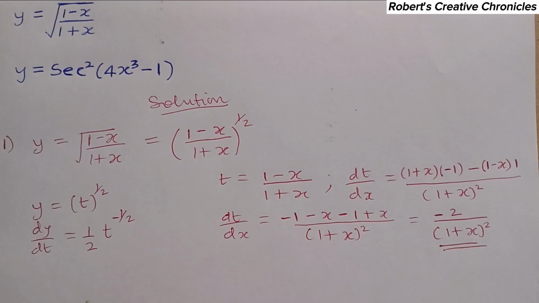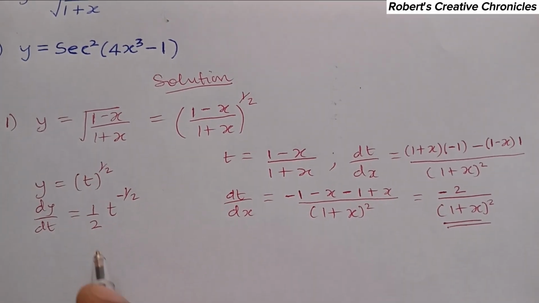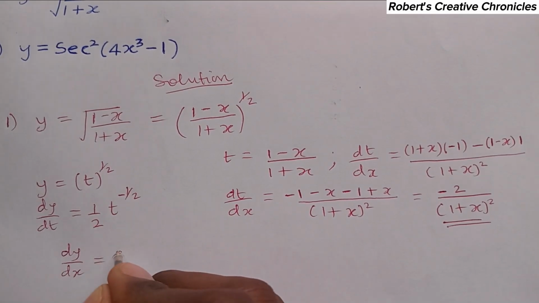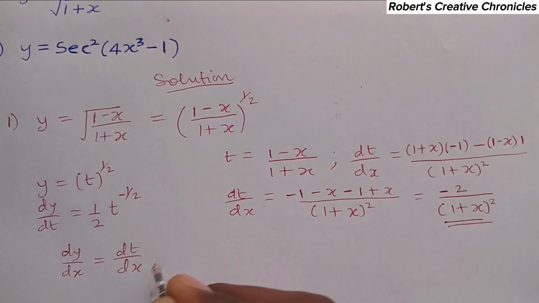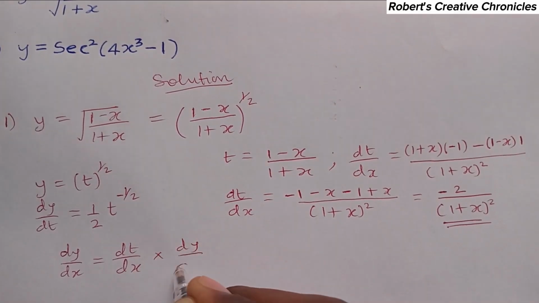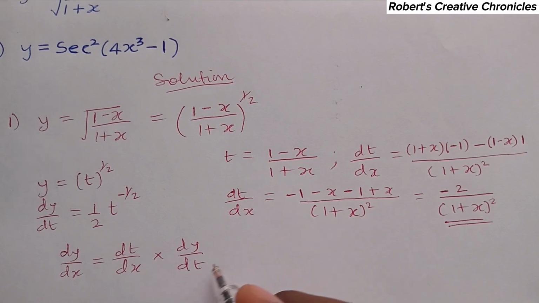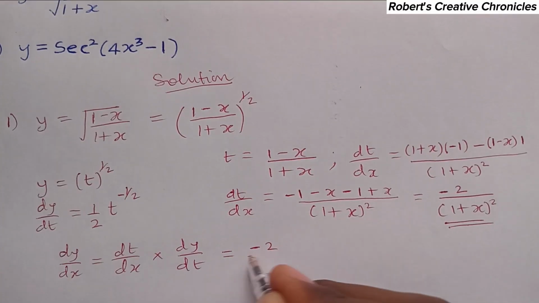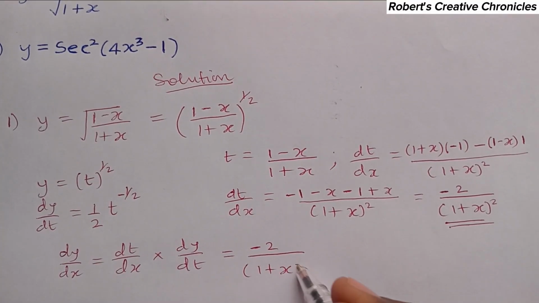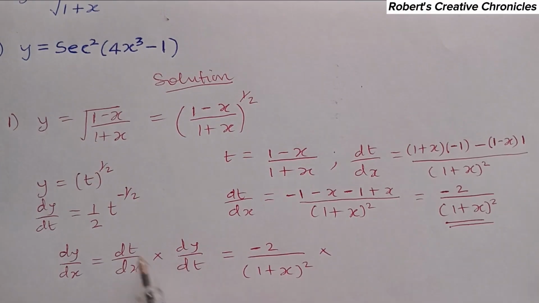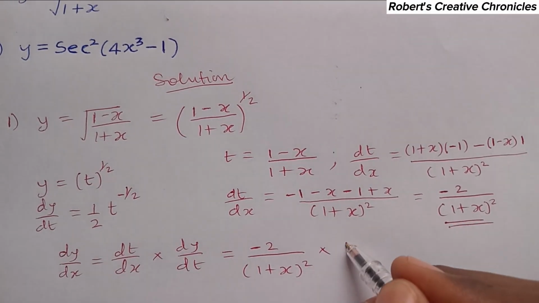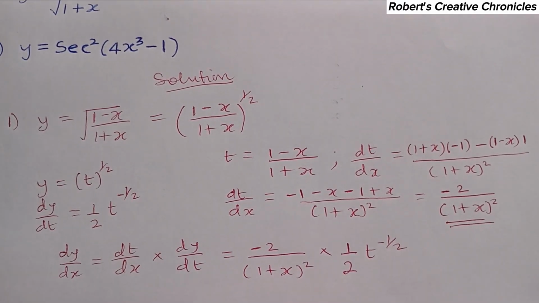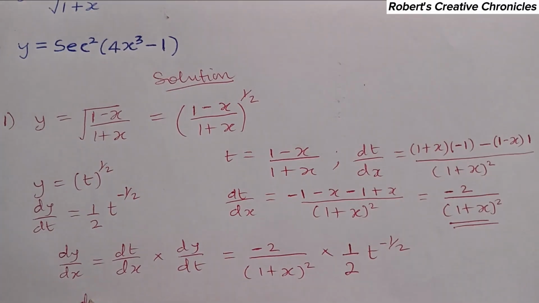So we can now use the chain rule. dy over dx will be equal to dt over dx times dy over dt. Where is dt over dx? This one, minus 2 over 1 plus x squared, times dy over dt. This one, half t to the minus half.